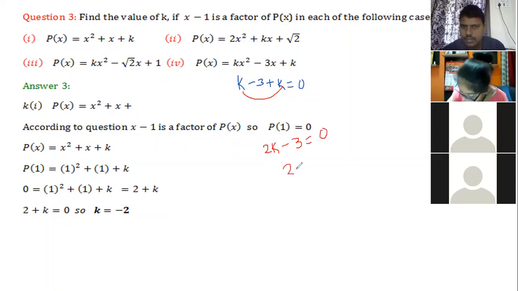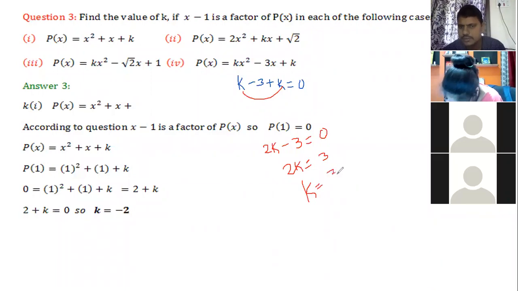So 2k is equal to, 3 here, minus 3, that is plus 3, so k is equal to, Aditya? Yeah, sir, k is equal to 3 by 2. Thank you. Please check it. I got it, sir.